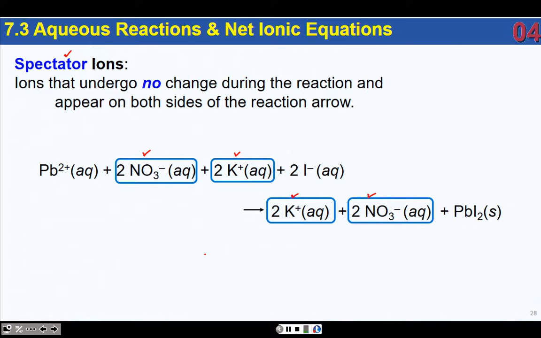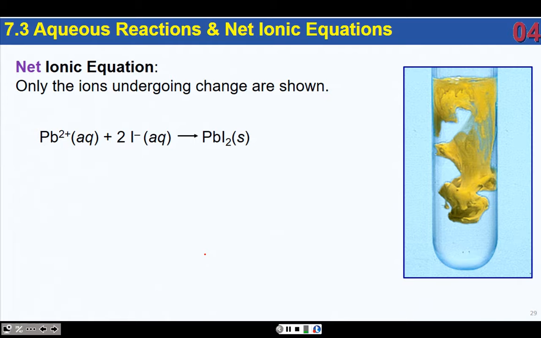So what do we do with these? Well, then there's yet another type of reaction representation that we call a net ionic equation. In this case, we only include the ions that undergo a change. Notice that we have 2 aqueous ions, the lead 2 ion and the iodide ions, combining to make a solid. And so the only things remaining are, this is what you get after you omit the spectator ions.